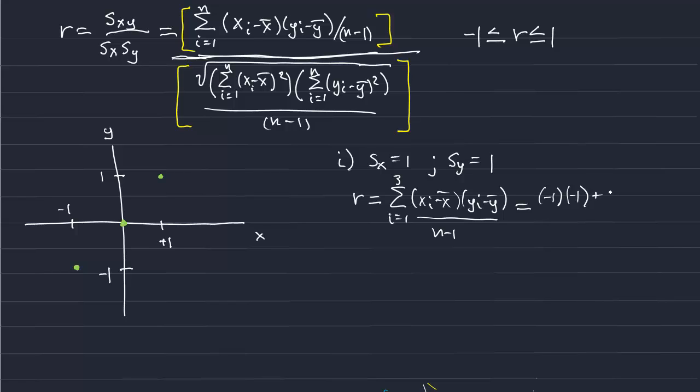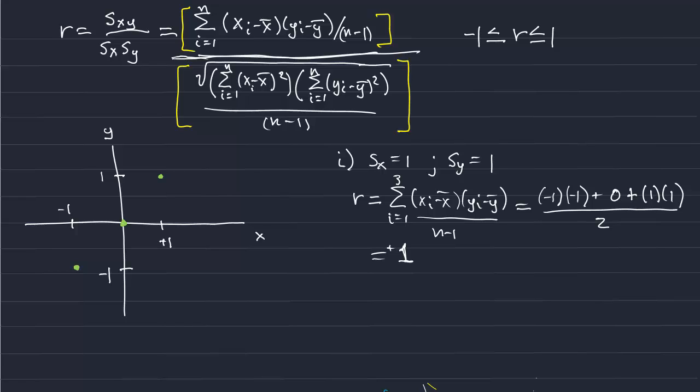Then we have a 0 for both values being at 0, and then the upper right point gives us a 1 times a 1. That's divided by 3 minus 1, which is 2. And so r is equal to plus 1.